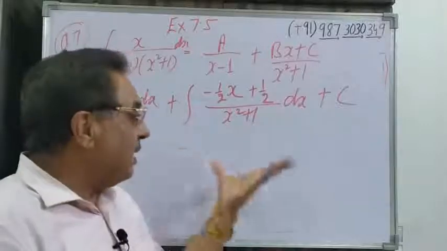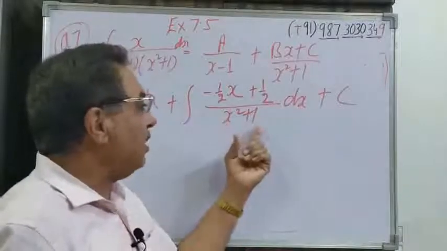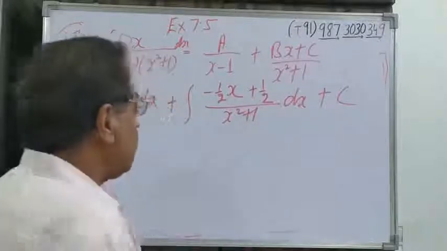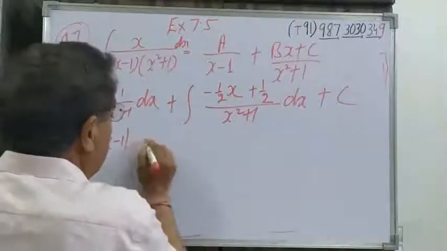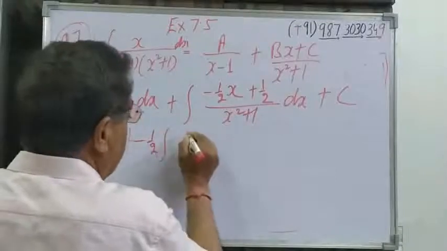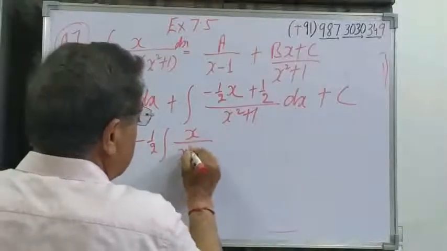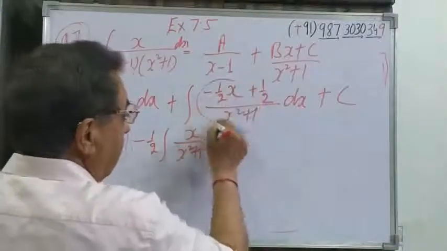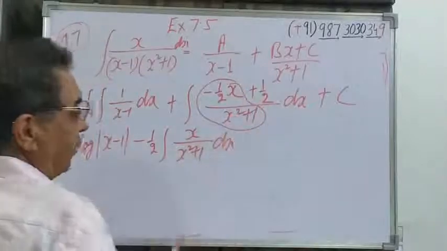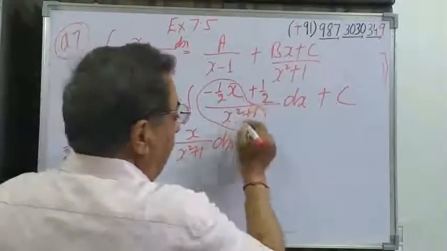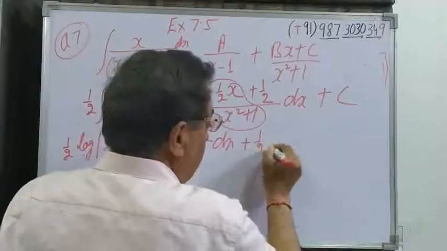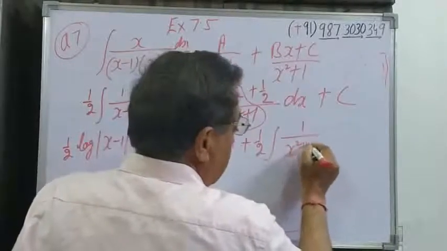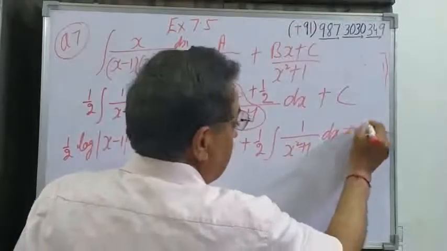In the numerator two terms are there, and we can separate them with the same denominator. That can be written as minus half integration of x upon x square plus 1 dx, then further plus half integration of 1 upon x square plus 1 dx, plus C.